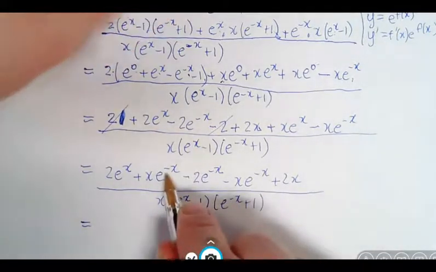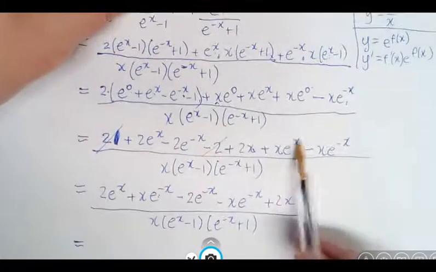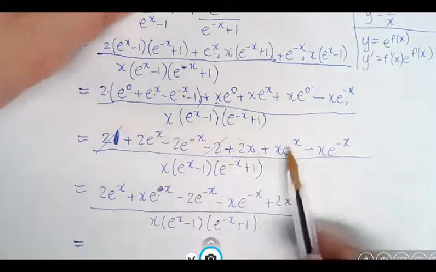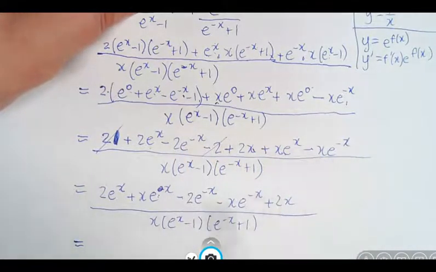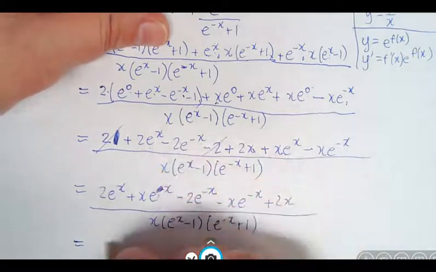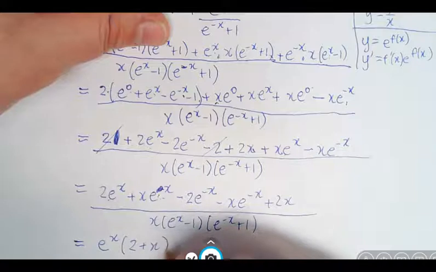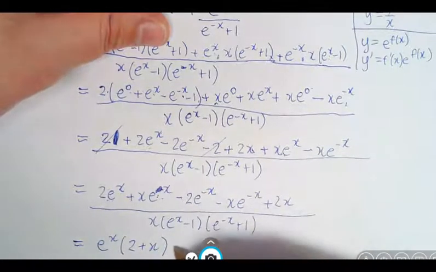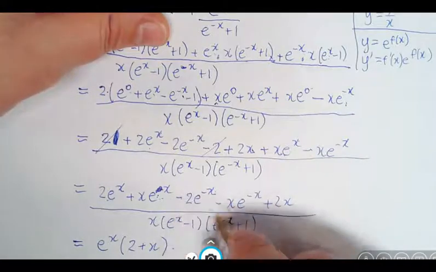Wait a sec, one of these isn't written out right. I've got 2e to the x plus x e to the x, that's a normal one. Okay, and then I had minus 2e to the negative x minus x e to the negative x, that's right. So that was a positive x. So e to the x is a common factor between these two, and I've got 2 plus x. And e to the negative x is a common factor, but I've got a negative in front of those as well.